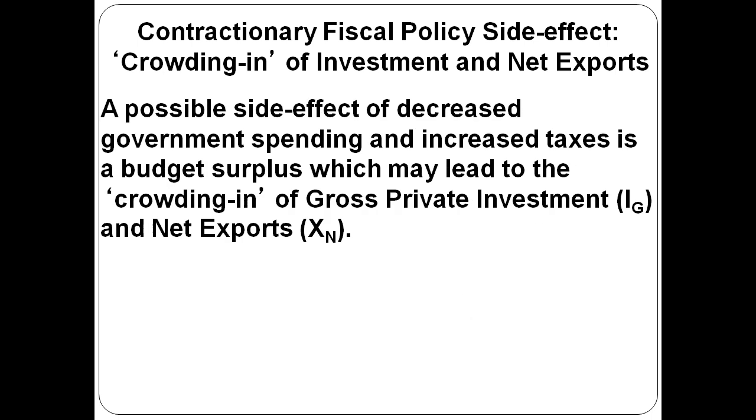A possible side effect of decreased government spending and increased taxes, which comes from a contractionary fiscal policy where the government is spending less and taxing more, is a budget surplus where the government is saving money, which may lead to the crowding in of gross private investment as well as net exports. Now we're going to take a look at the crowding in of investment and the crowding in of net exports.